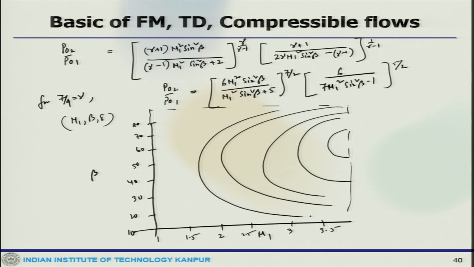So, these are for different, increasing delta, and this is beta and this is M1. This is called the delta beta Mach number relationship plot, which is quite important because one can use this graph to find out, for a particular Mach number, what could be the deflection angle, what could be the other angle.